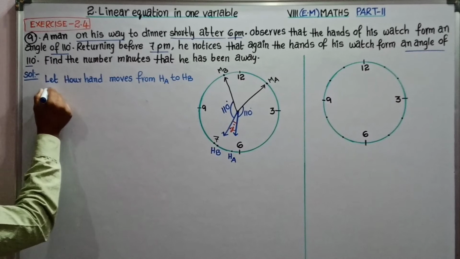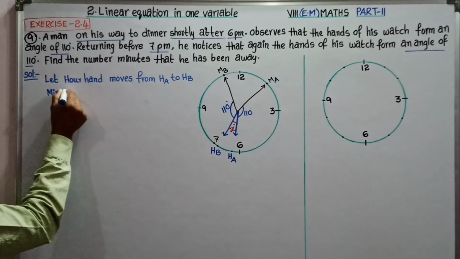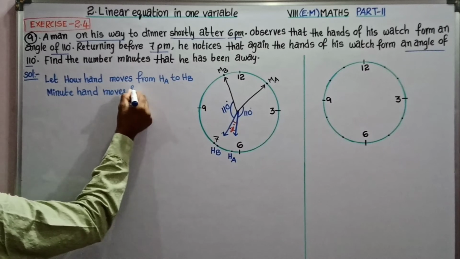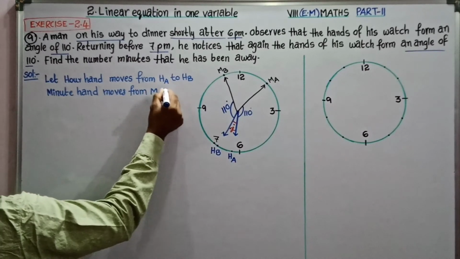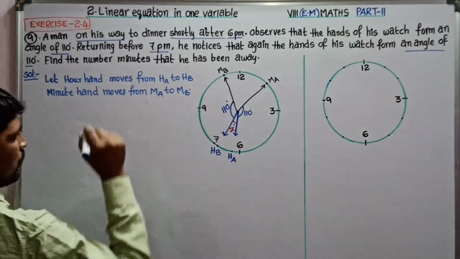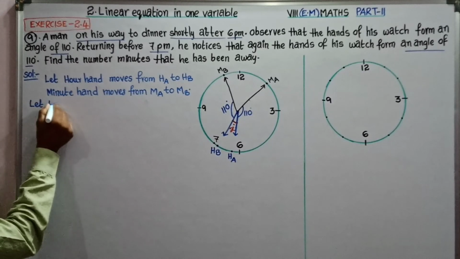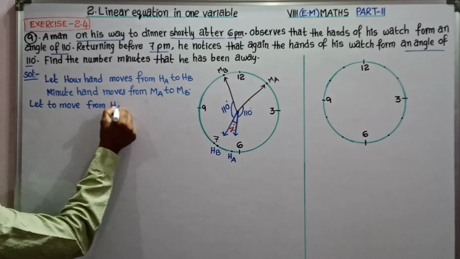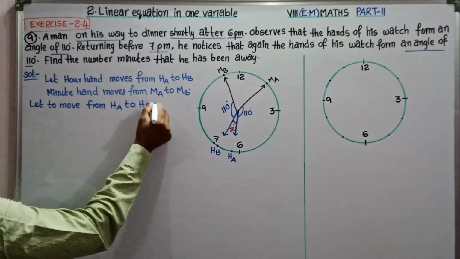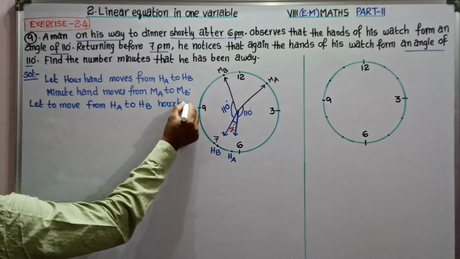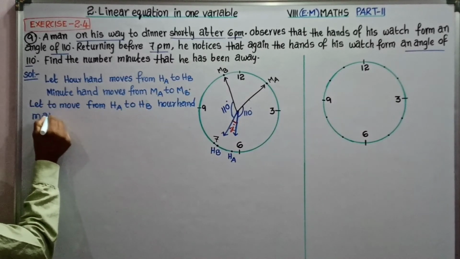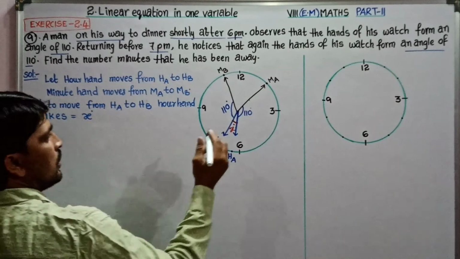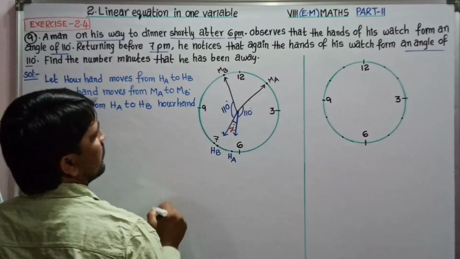In the same time, the minute hand moves from MA to MB. To move from HA to HB, the hour hand makes X degrees angle.